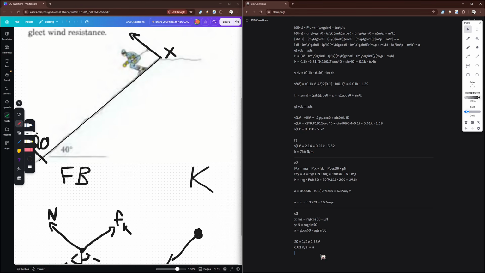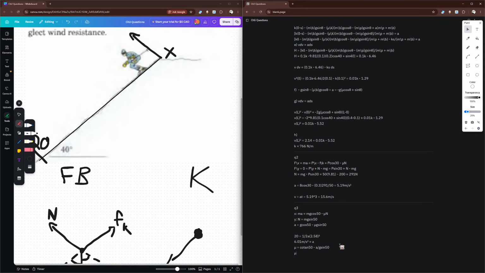But let's rearrange quickly. We're going to get that mu is equal to cotan 50, because we flip these around, right? And then divide by g sine 50 on both sides. G's cancel. Cos over sine is cotan. So cotan 50 minus A over g sine 50.